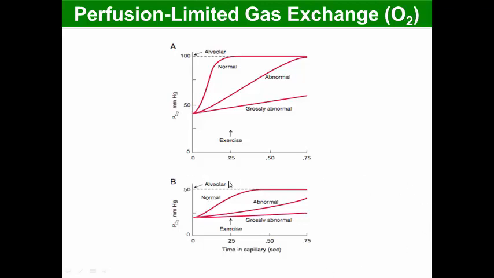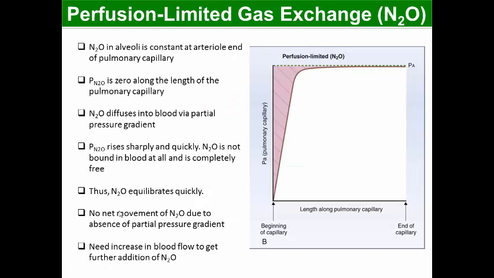B, this is the same picture as A, but at high altitude. The transport of nitric oxide across the respiratory membrane is also perfusion limited, as we just mentioned in the previous slides.